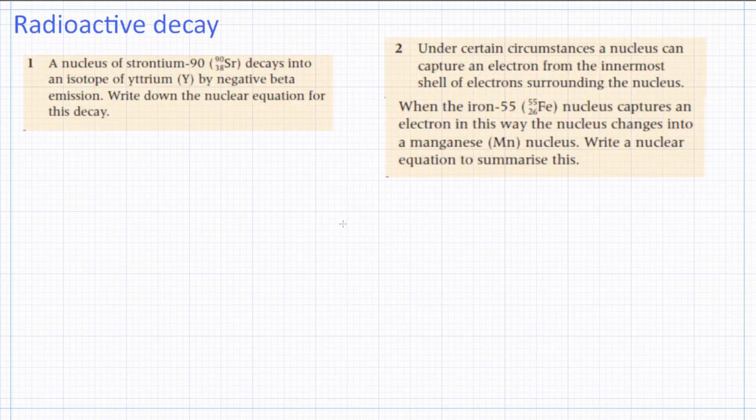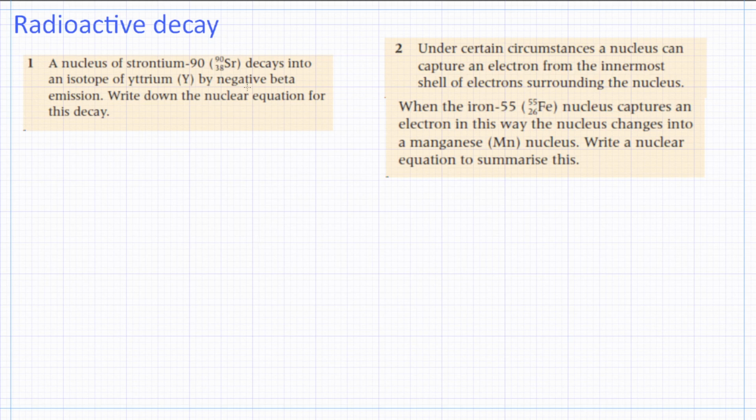So let's take a look at two quick examples so we can apply the concepts that we have learned so far. So number one, a nucleus of strontium-90. Usually they will give you the information about the elements. You won't have to memorize or look into a periodic table.